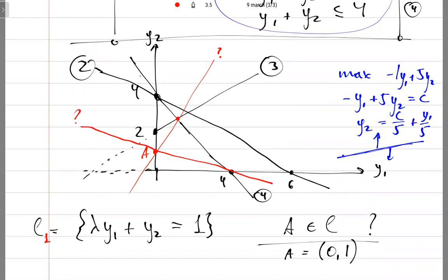There will also be an interesting case when the slope of line number 1 coincides with the slope of the goal function, very slightly like this, slope equal to 1 over 5.